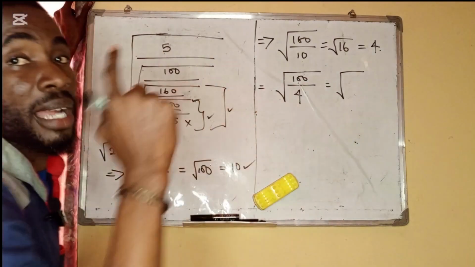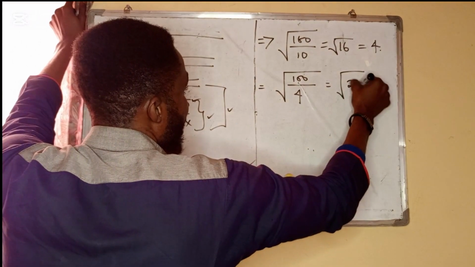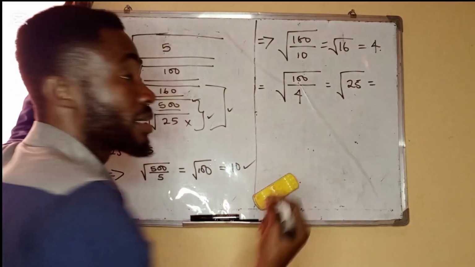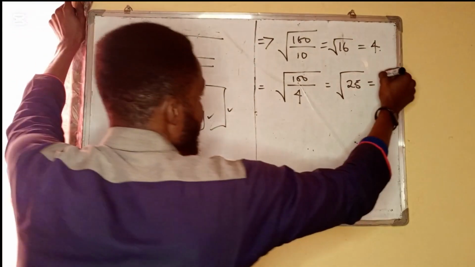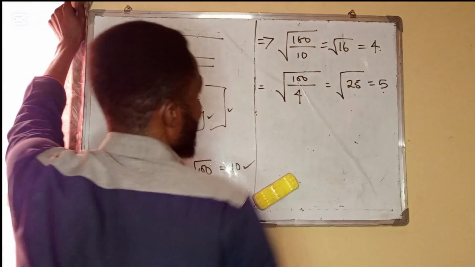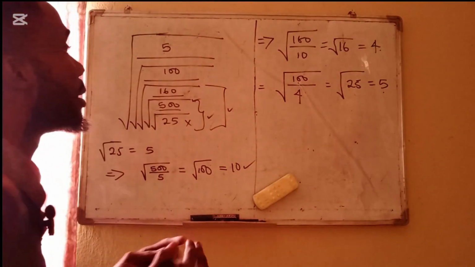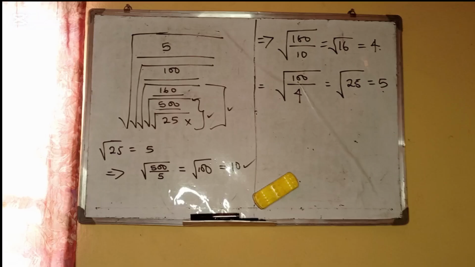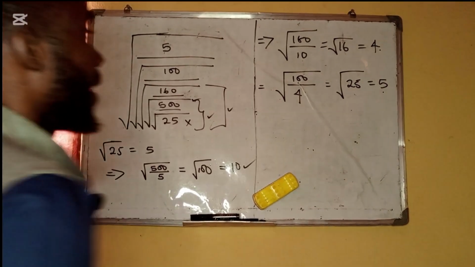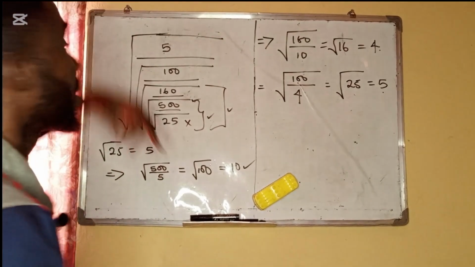So guys, 100 divided by 4 would give us 25, right? And the square root of 25 is 5. Okay, so guys, as you can see, we're making progress. Now the whole of the denominator, guys, is 5.